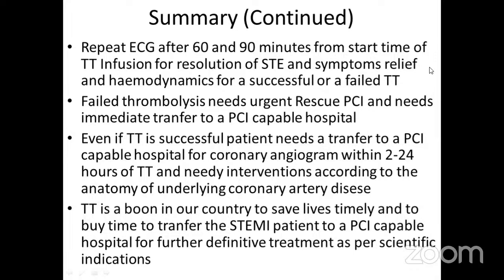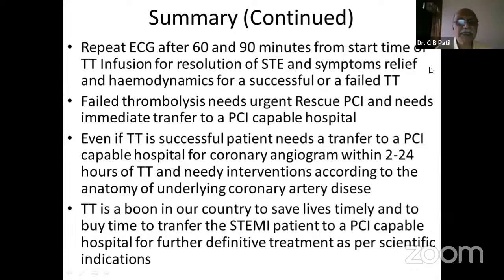What are the limitations of PCI in the treatment of STEMI? Limitation of PCI, see, it is always time bound.